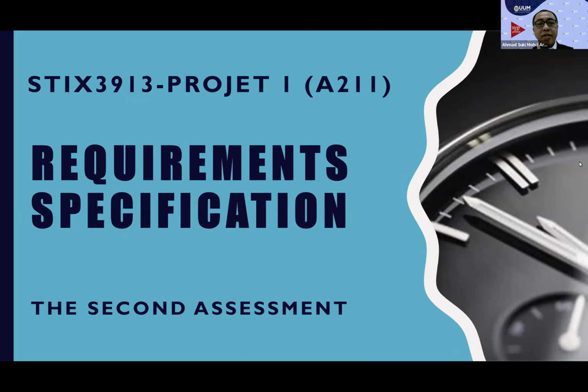So the second stage is about requirement specification. This is for me another very important stage because 40% of your mark comes from this stage, and you are going to do only one thing, that means requirement specification.